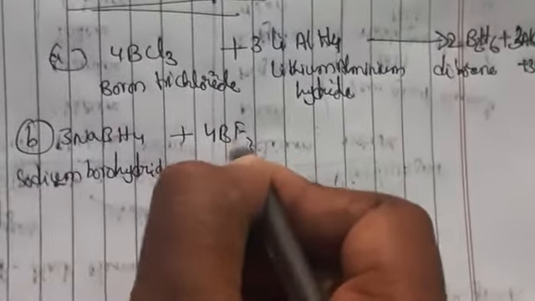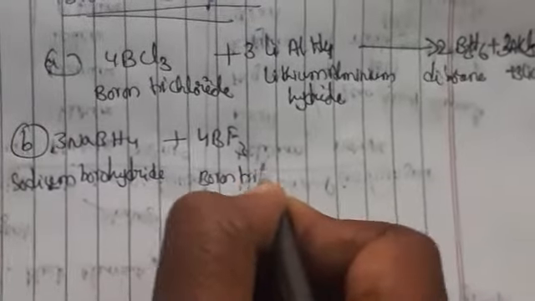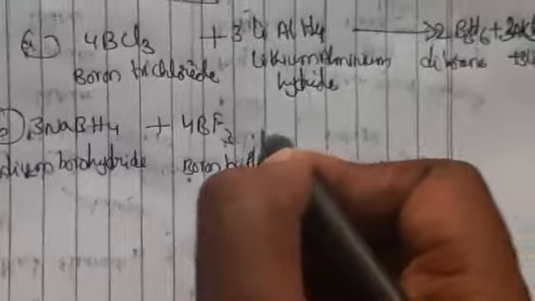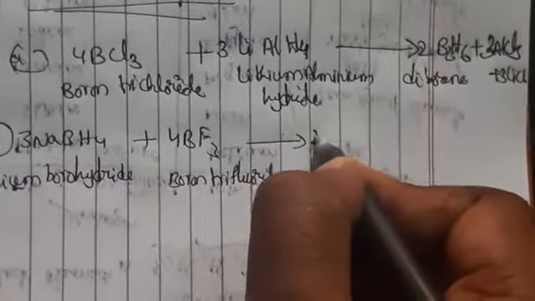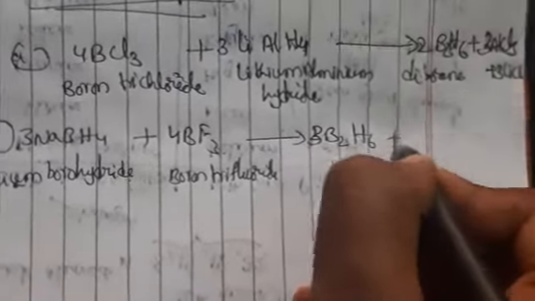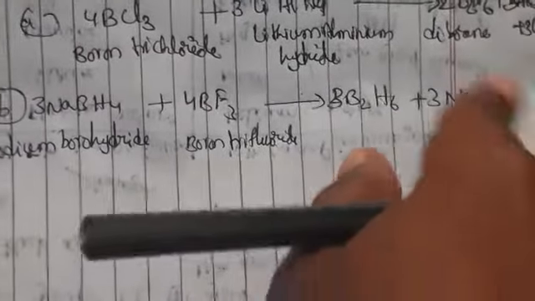In the first step we took BCl3, now I am taking BF3, boron trifluoride. So it is giving 3B2H6 plus 3NaBF4, sodium borofluoride.